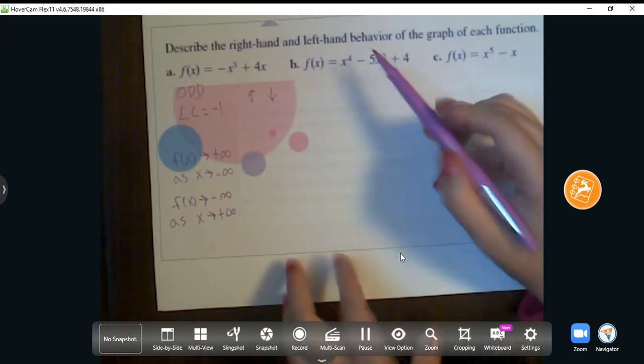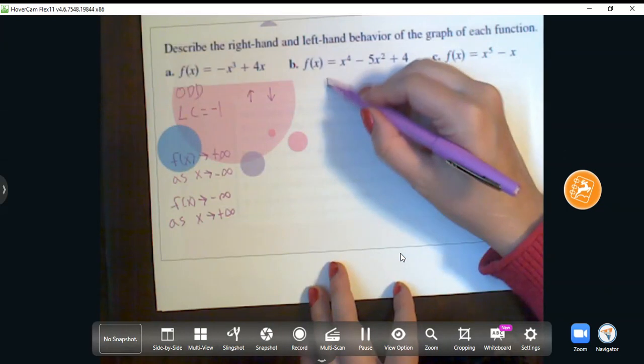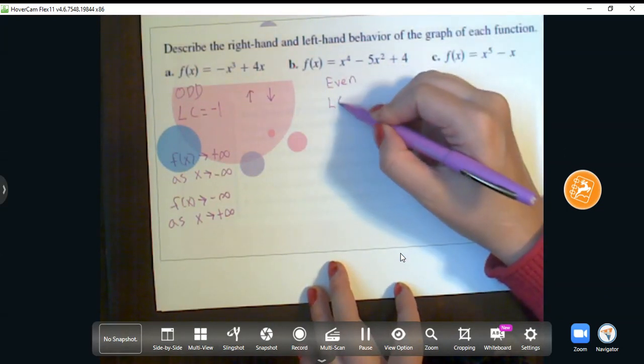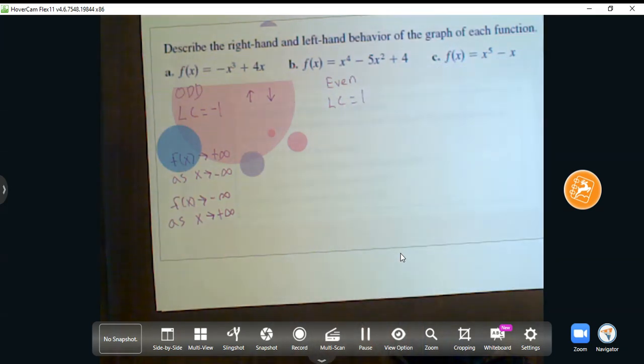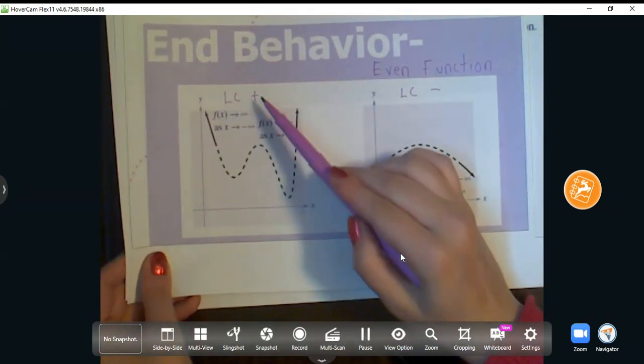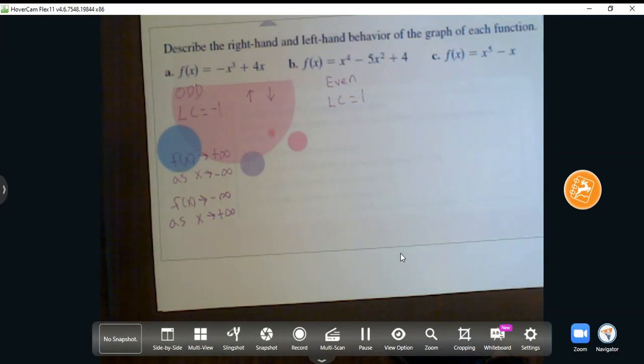Now on the next one, notice that our degree is 4, which is an even number. So that means that we have an even function, and our leading coefficient is 1. So I'm going to look at my even options. Notice that our leading coefficient is positive. So that means that both of them are going to have to point up.